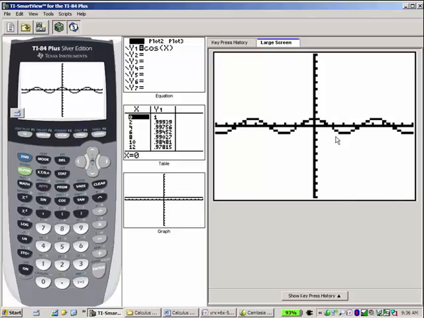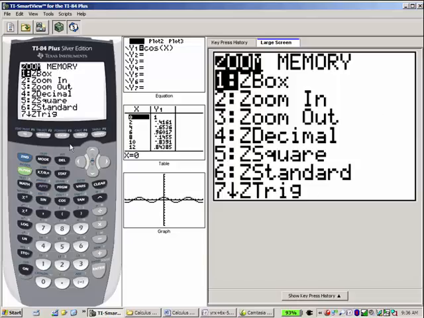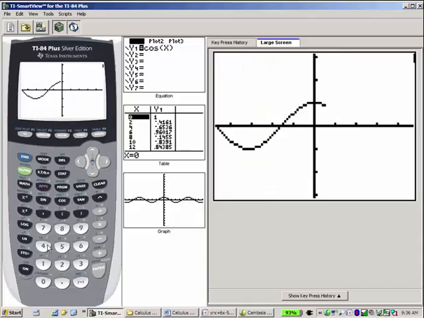You can actually see, that's a bad picture. Maybe Zoom Decimal. That's a little better. So if I go from 0 to pi, that's about 3.14. Can you see that just visually?